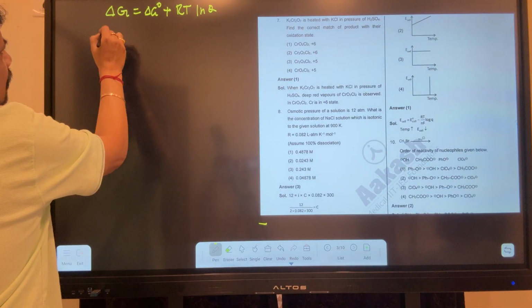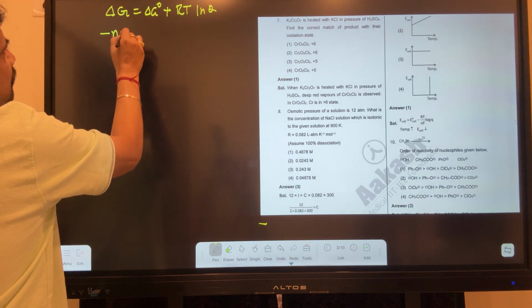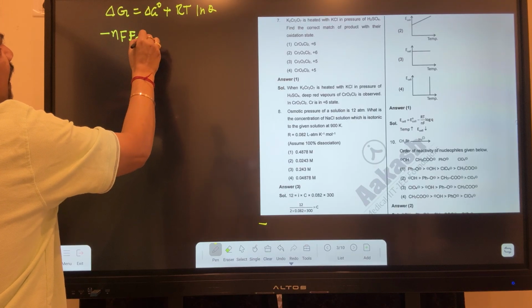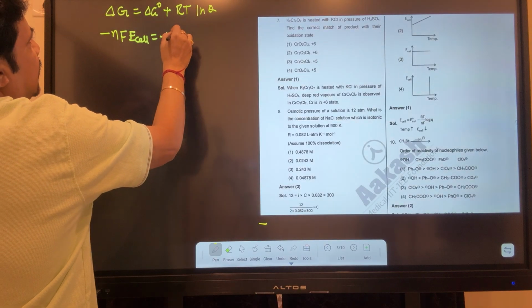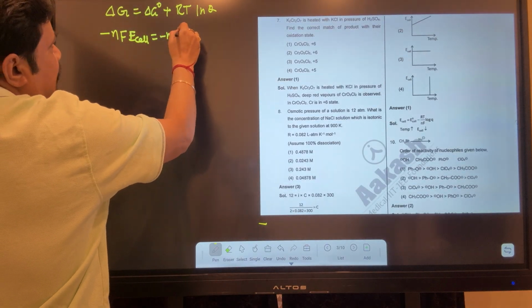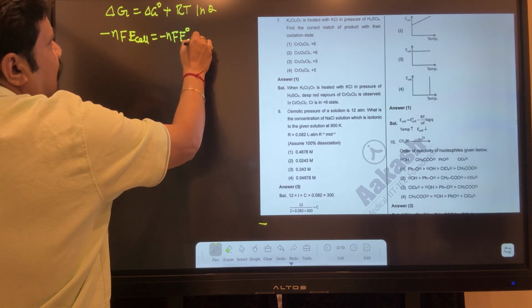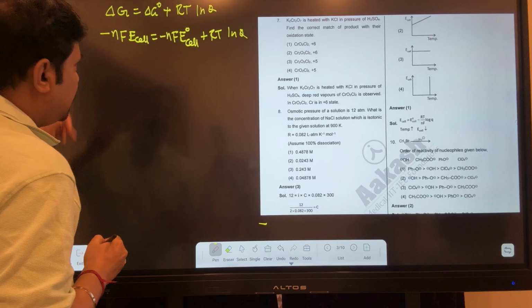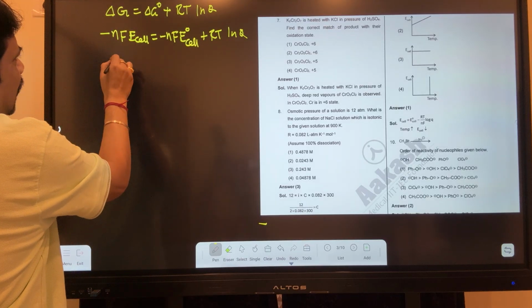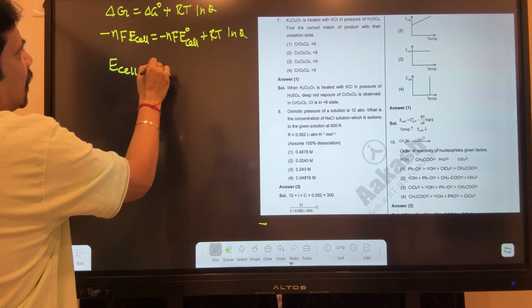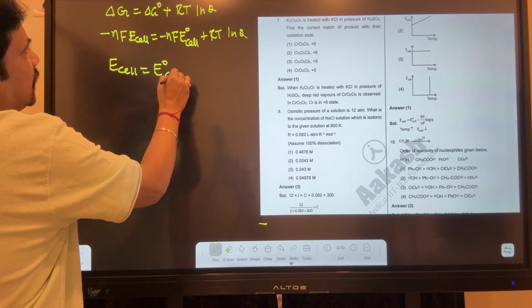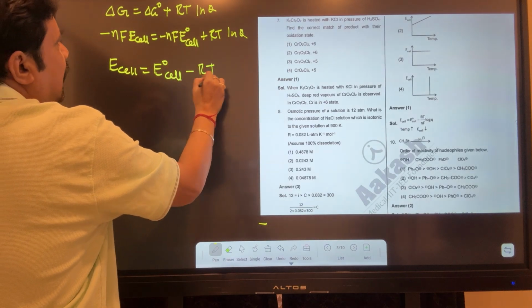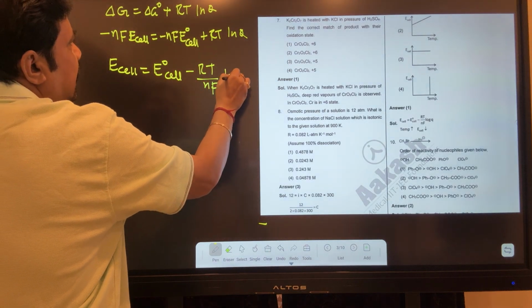Now delta G equals minus nFE, so minus nF E cell, and delta G at standard state is minus nF E naught cell, plus RT ln Q. If you divide by minus nF all the way, E cell equals E naught cell minus RT by nF ln Q.